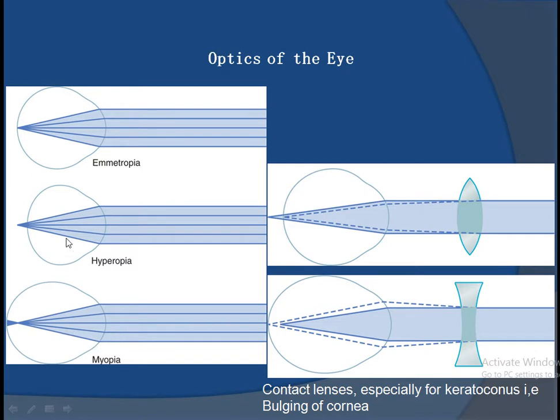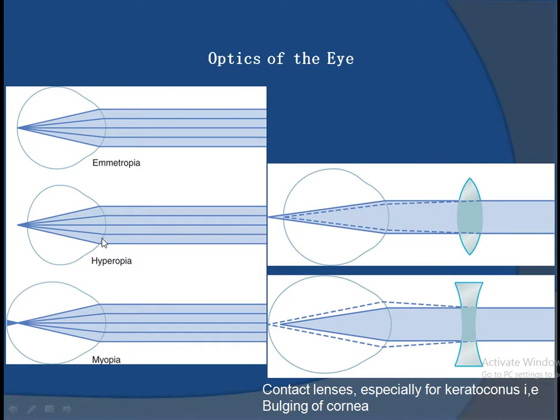You can see the lens and the cornea are the same here, but the gross difference is the size of the eyeball, smaller or larger as compared to the normal.